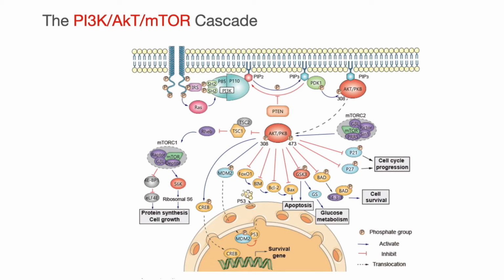But in a situation where you've got a cancer that is in a hyper growth phase, oftentimes it's this cascade, this AKT molecule acting on the mTOR. And mTOR stands for mammalian target of rapamycin, which is a commonly used drug to slow the progression of cancer. And this is where that drug would be acting, rapamycin. So that's just kind of an overview of this pathway.